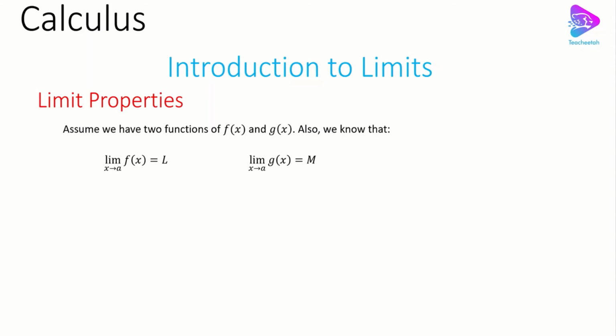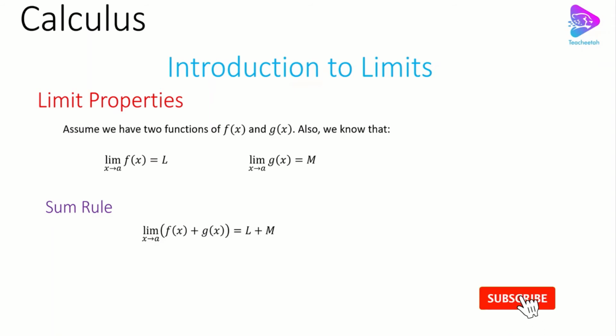The first and most fundamental one is the summation rule, which says that when the limits of two functions already exist for one specific value, we can take the summation of these two functions.